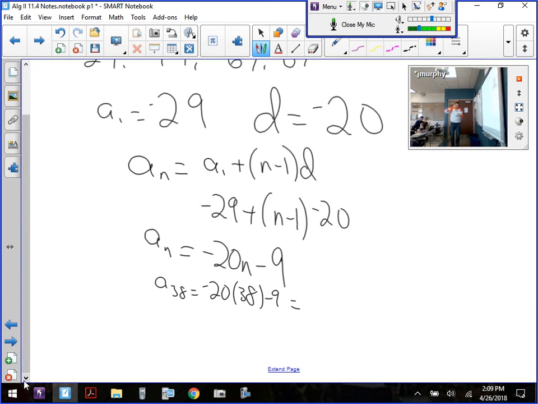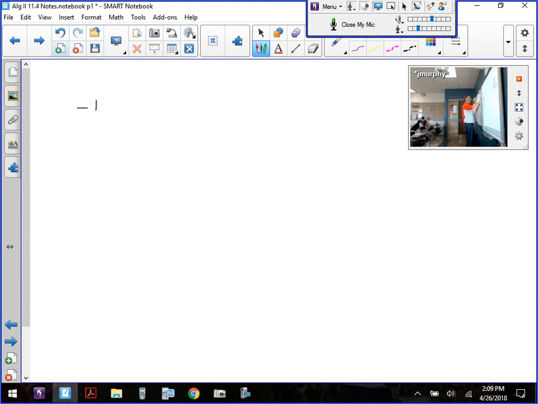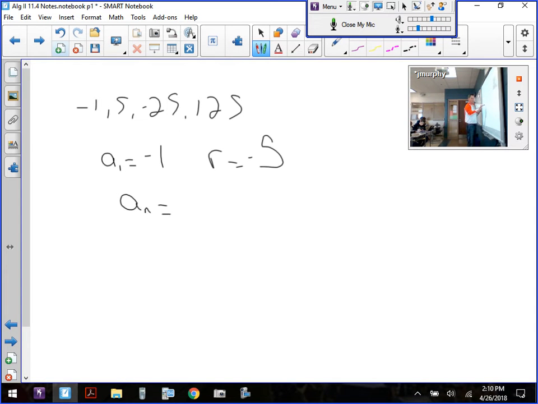Now, if I go down to number 5, it's no longer arithmetic. What's going on there? Geometric with a rate of negative 5. Good. So you've got a first term of negative 1, a rate of negative 5, and then it's a matter of putting it together and going from there.